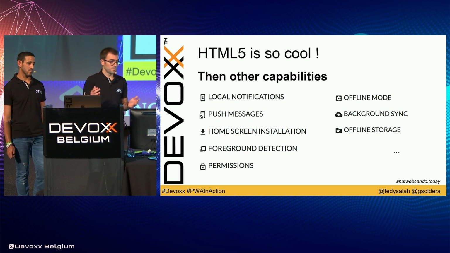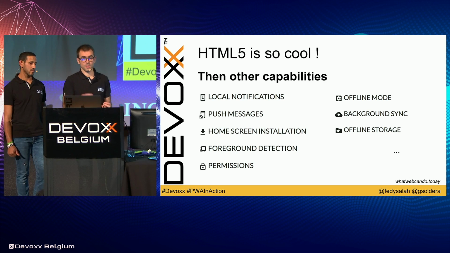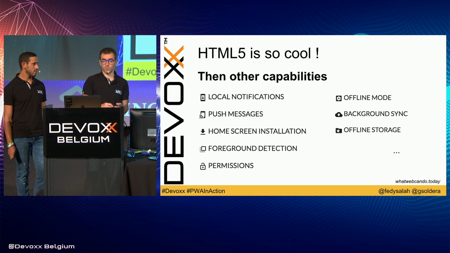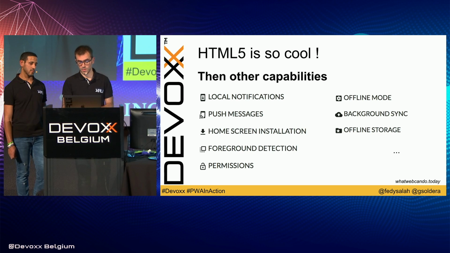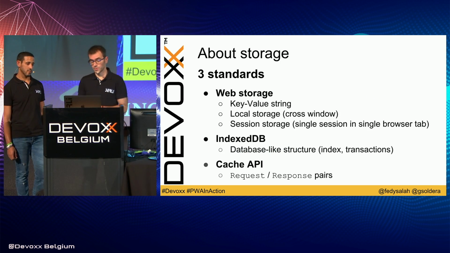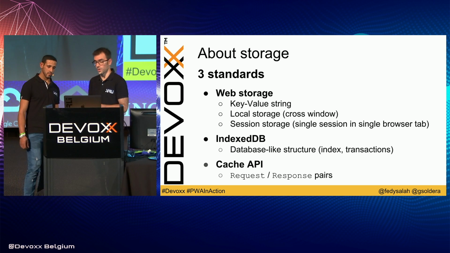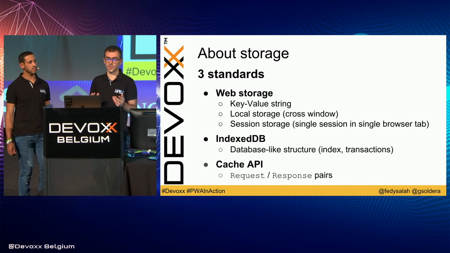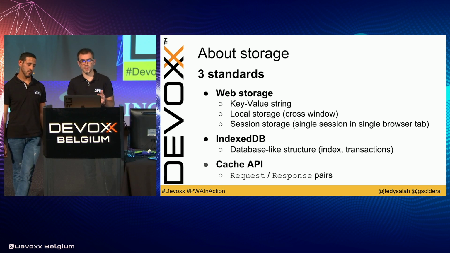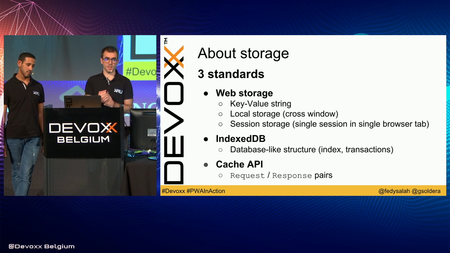Actually, main browsers know notifications. They can handle push messages, foreground detection, or something like that. The browser can handle storage. Everyone knows local storage, I think, but there are 3 standards. You have the web storage.